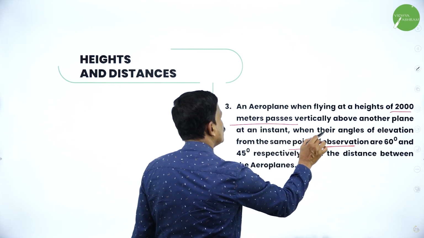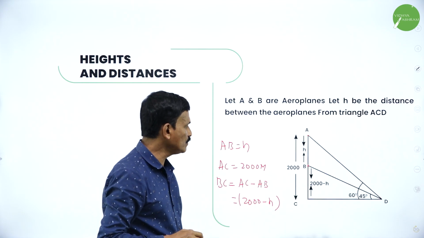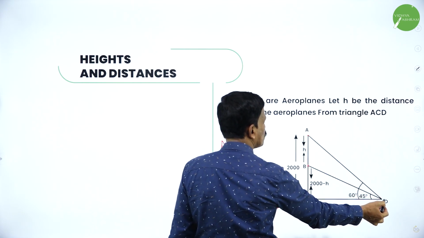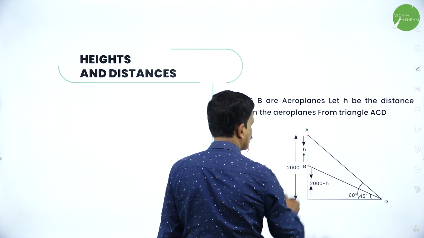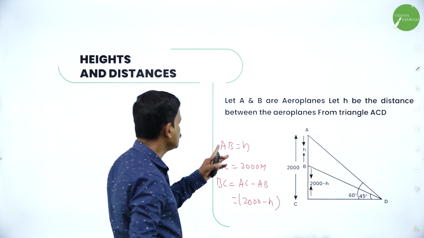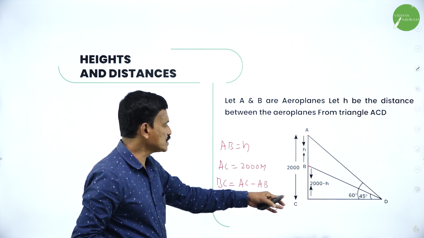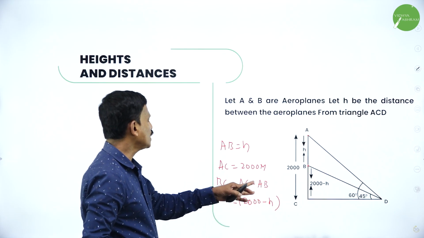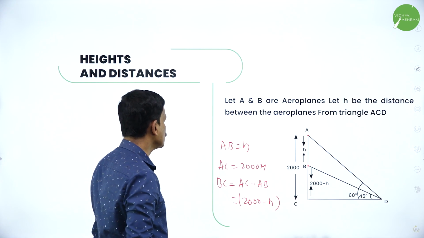Then at an instant when the angles of elevation from the same point of observation are found to be 60 degrees and 45 degrees. So AB is equal to H, AC is equal to 2000 meters and BC is equal to 2000 minus H, and the angles of elevation are 60 degrees and 45 degrees.